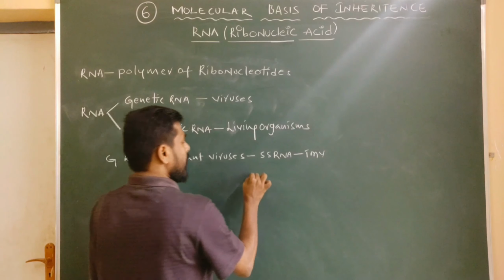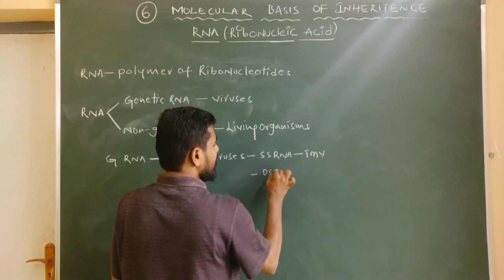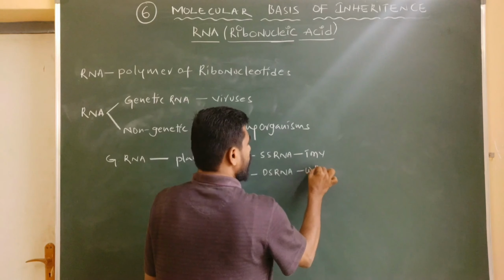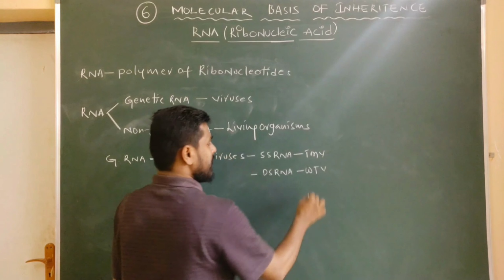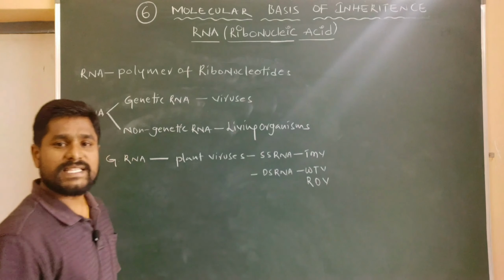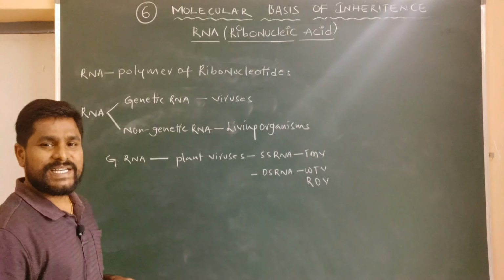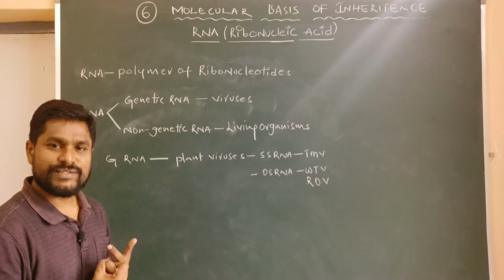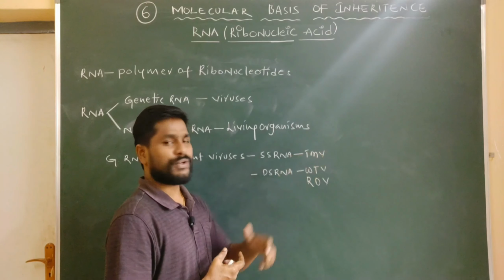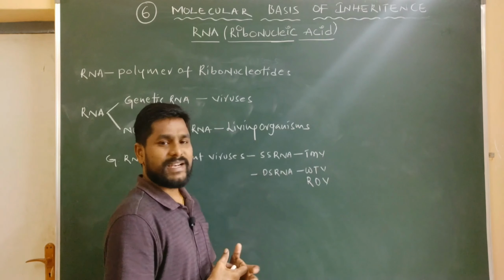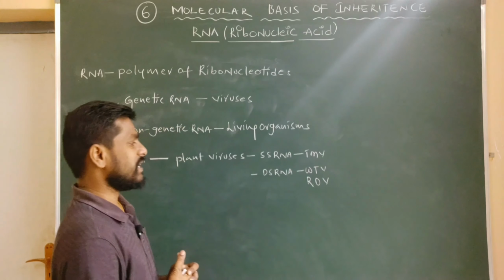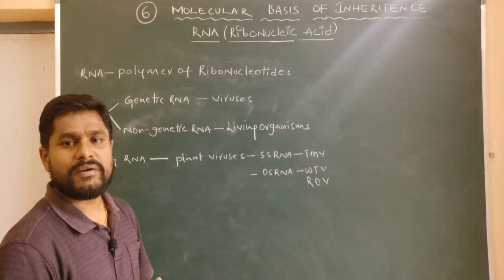And in some plant viruses, double stranded RNA also acts as a genetic material, for example wound tumor virus and rice dwarf virus. So the genetic RNA in plant viruses may be single stranded or double stranded. Single stranded RNA as a genetic material, example tobacco mosaic virus. Double stranded RNA as a genetic material, for example wound tumor virus and rice dwarf virus.